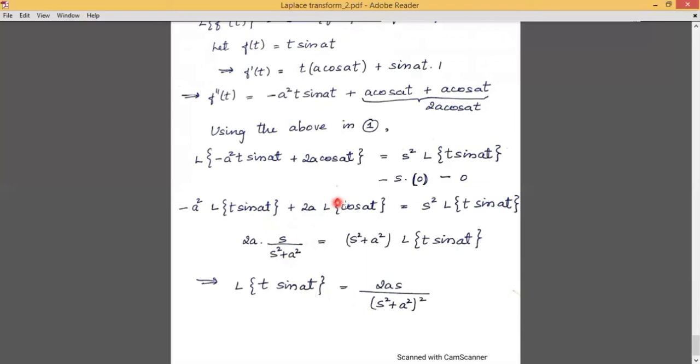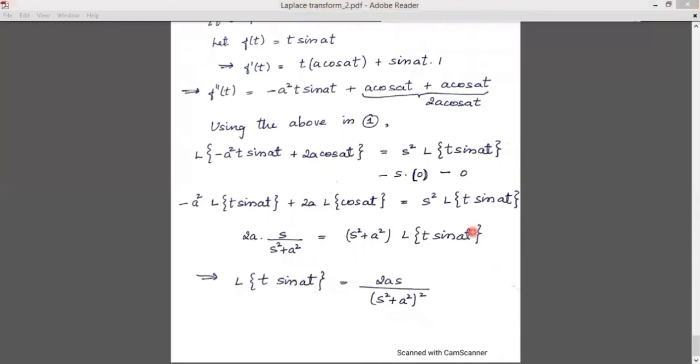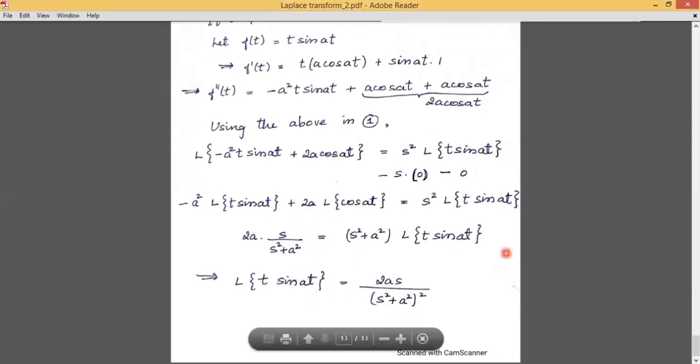This is the Laplace transform of cos at. And once I cross multiply this, I'll get 2as by s square plus a square whole square. That is Laplace transform of t sin at. Okay. So this is all about the problems based on Laplace transform of derivatives. Thank you.